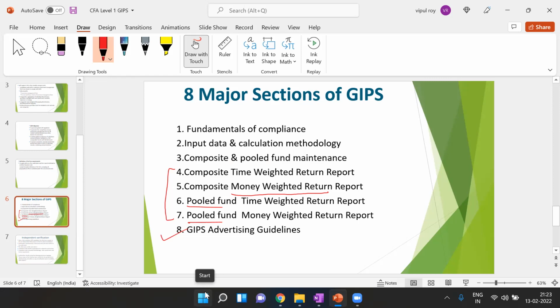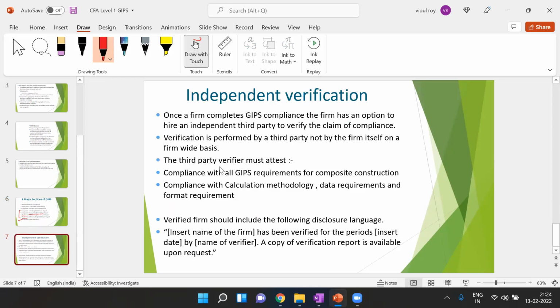If a firm claims that they have complied with GIPS and wants to advertise the same in their performance presentation, then the advertising guidelines have to be followed when making a reference to GIPS compliance. Whatever guidelines have been given by GIPS, accordingly you need to advertise the claim of compliance. So these are the 8 major sections of GIPS.